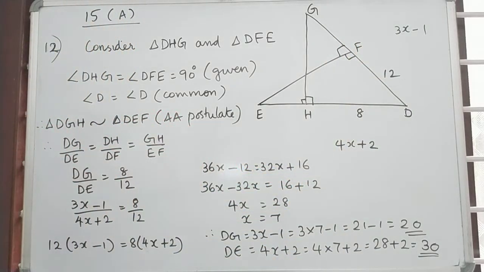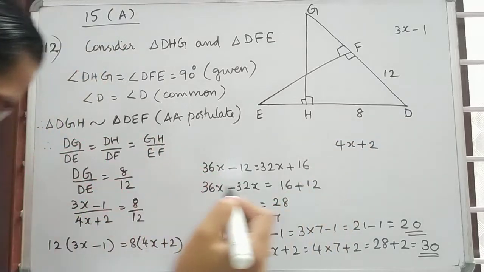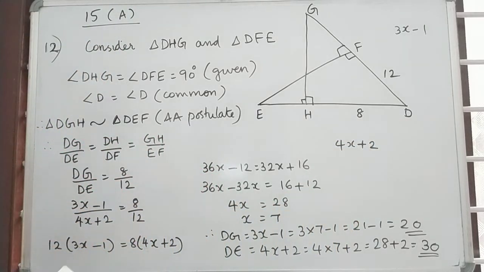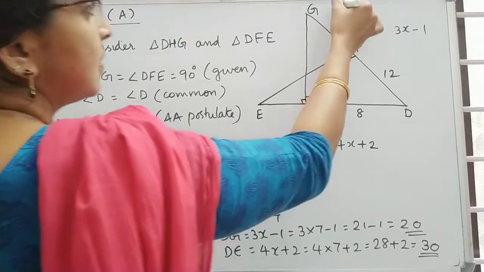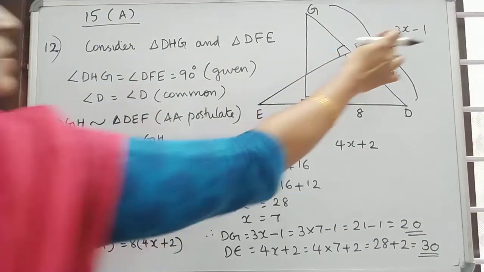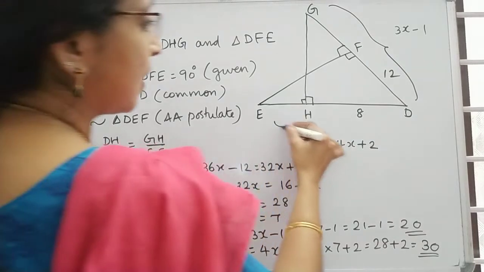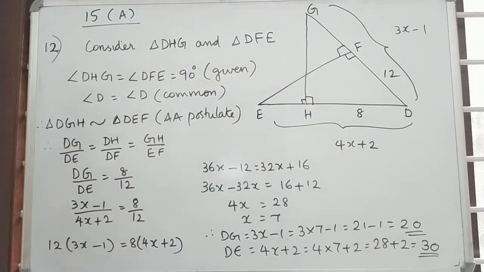Then given DH is equal to 8 centimeters. Then DF is equal to 12, DG is equal to 3x minus 1, this total length is 3x minus 1, and DE is equal to 4x plus 2, this length is 4x plus 2.